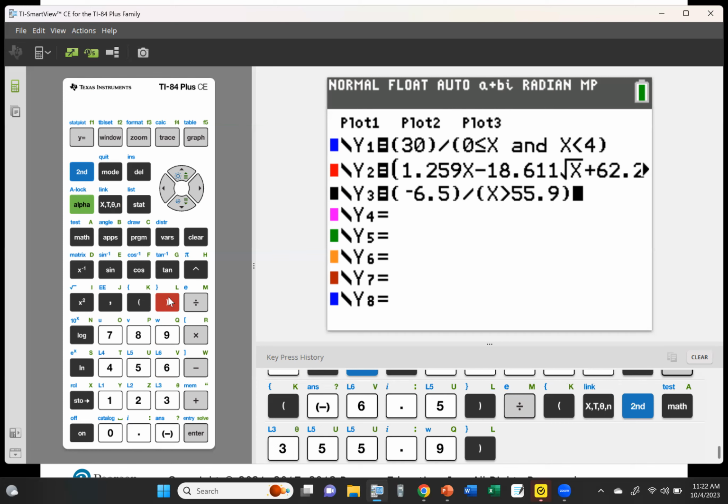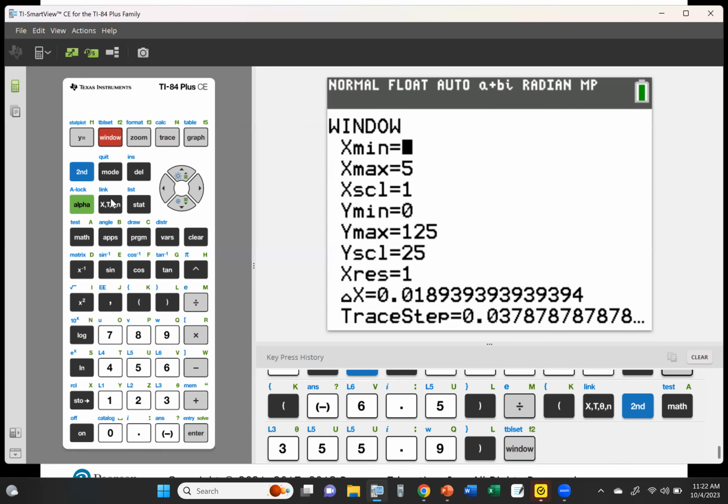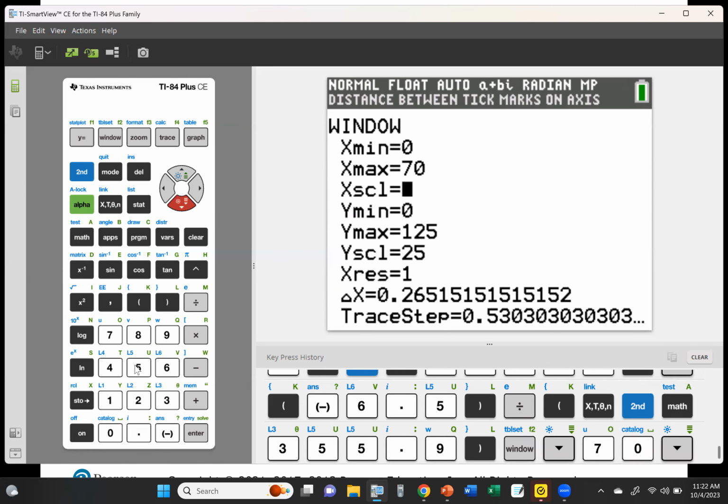And I am going to adjust my window in the x direction. My wind speed can get up to 55.9. The domain can go up to 55.9. So I'm going to go 0 to 70. And I'm just going to change my scale to 5.